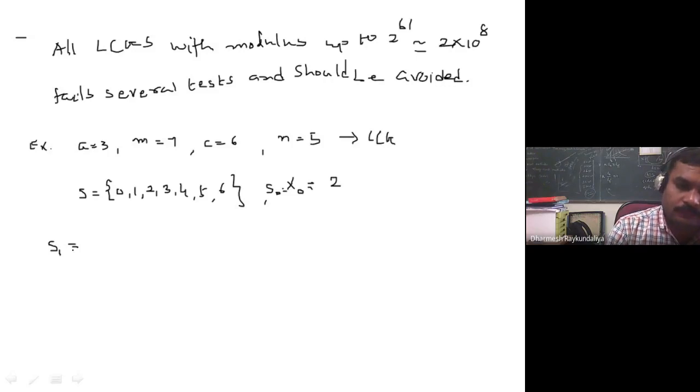So what is S1? ST is equal to A times HT minus 1, take HT and later we will set it as ST, plus C, modulo M. So what is A?